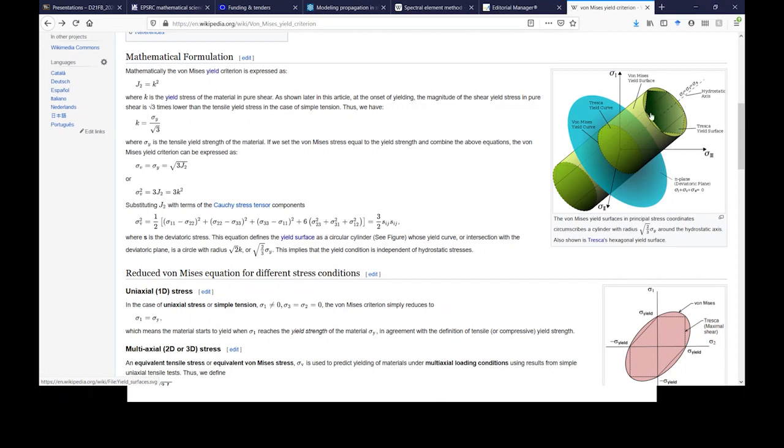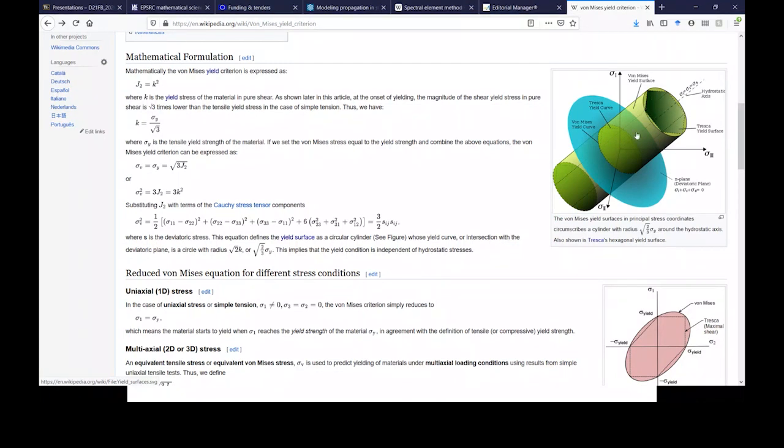So the surface that presents a prism inside the cylinder is going to be the Tresca, and on the outer side you have the von Mises, and then again you get to a situation where this is not going to be realistic. If you go along the axis of the cylinder and you go away up to infinity, you can go as far as sigma 1, sigma 2 and sigma 3 equal to infinity, where the material will never yield according to von Mises and Tresca.